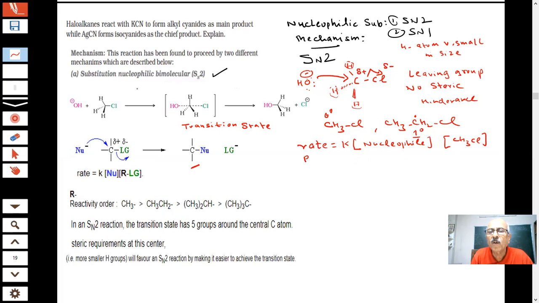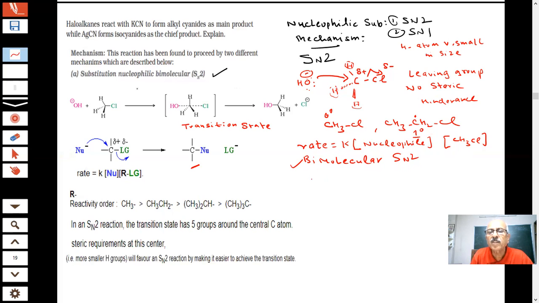Therefore, this is called a bimolecular nucleophilic substitution reaction. That is why we have said SN2. The 2 means there are 2 molecules, the nucleophile as well as CH3Cl, involved in the rate determining step. Therefore the rate is of order 1 plus 1, 2, which we say bimolecular.